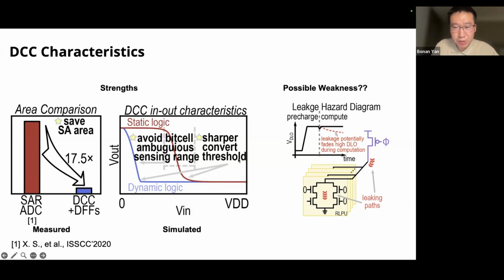One possible weakness of this circuit is the leakage hazard. It means that if we do the dynamic logic, if we pre-charge and leave it a longer time, the charge going into the pull-up circuit might disappear.